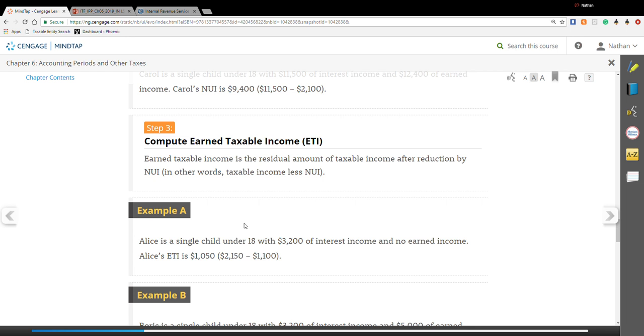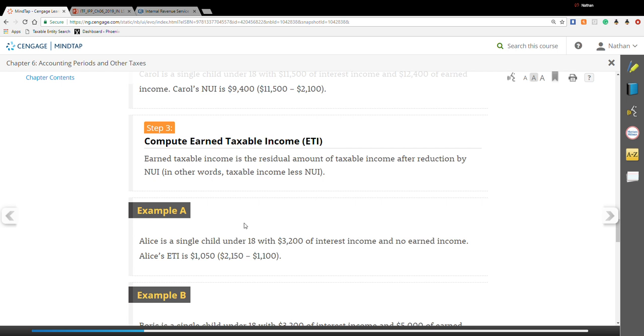Now, computing the earned taxable income, ETI. Okay, so ETI is the residual amount of taxable income after reduction of the NUI. So, taxable income less NUI.